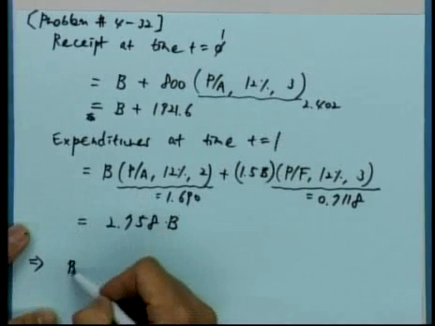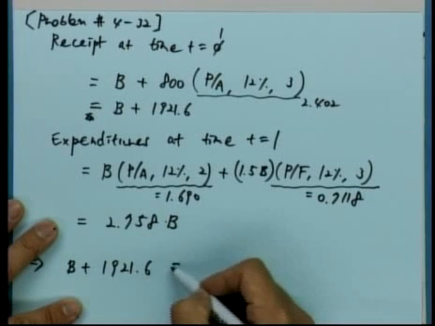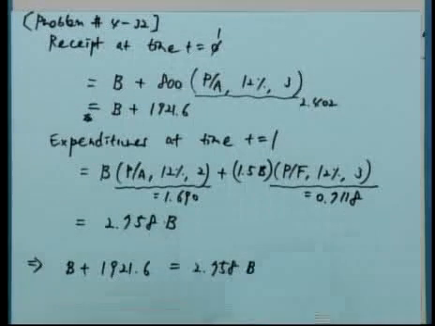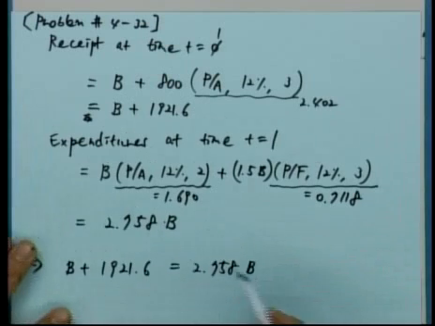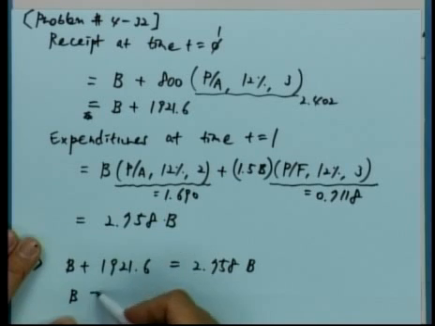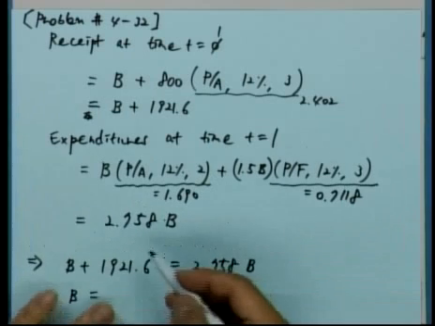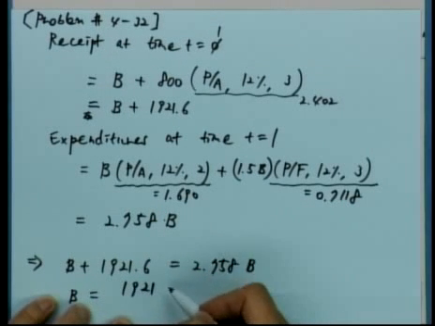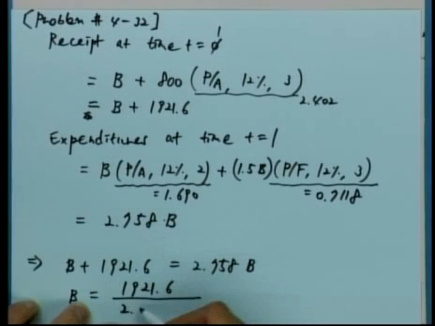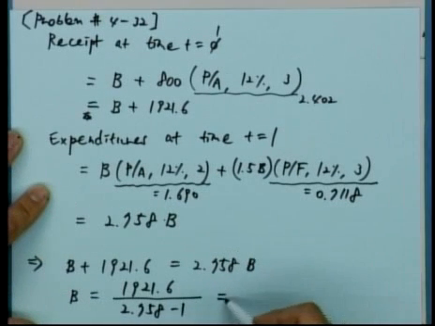Okay, so B plus 1921.6 equals 2.758 times B. So what is the value of B? B is 1921.6 divided by 2.758 minus 1, right? How much is that?